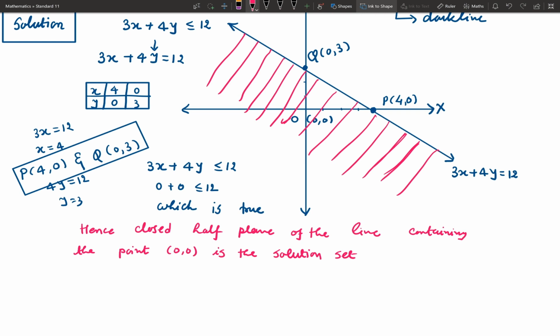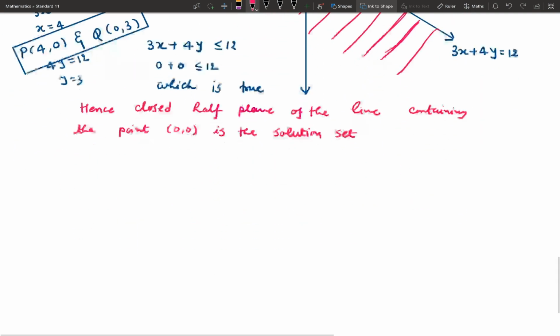If your inequality is a strict inequality, then there will be a dotted line, and if a slack inequality, then there will be a dark line. And to draw the line, you take two distinct points of the line, and for simplicity we select points of the axis.